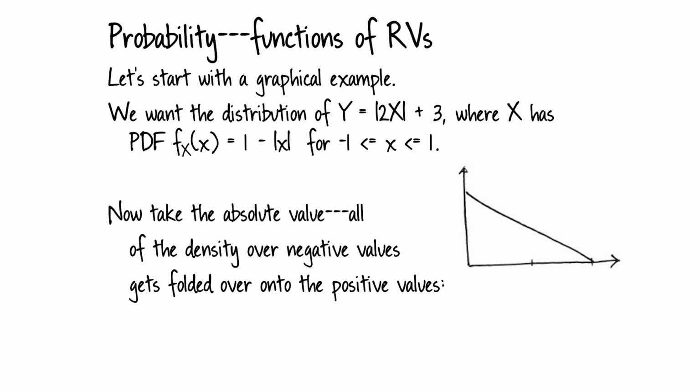Now the support only goes from 0 to +2, but it's twice as tall as the previous PDF. There are a couple of ways to think about it. First of all, this is a PDF, so it has to integrate to 1. That specifies what height it has to have. But also, you're basically taking all of this density and adding it to the density over the positive values that was already there.